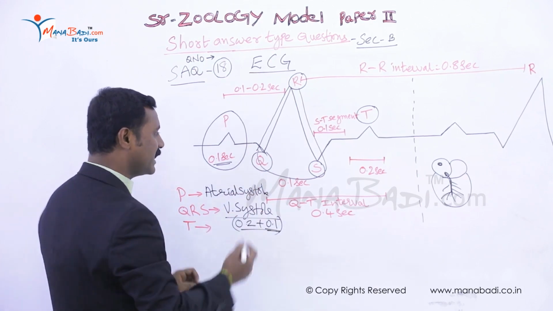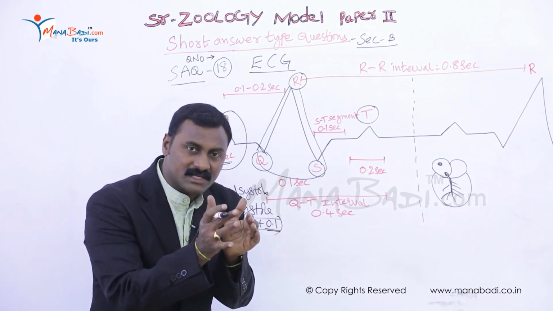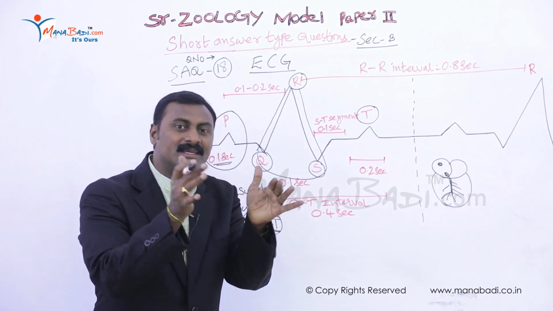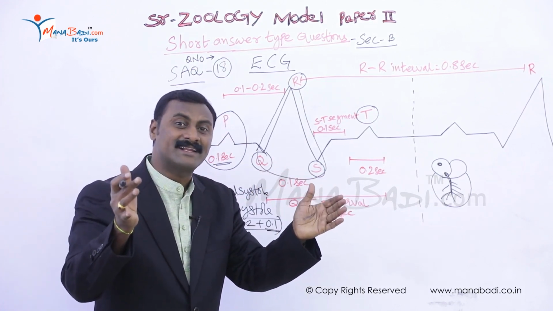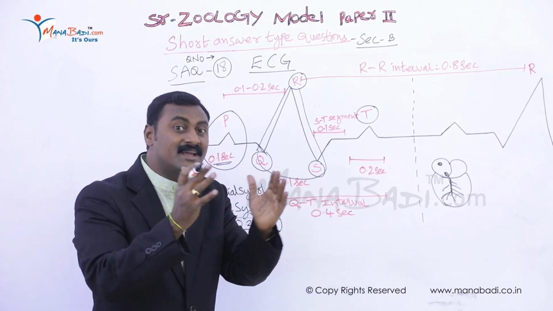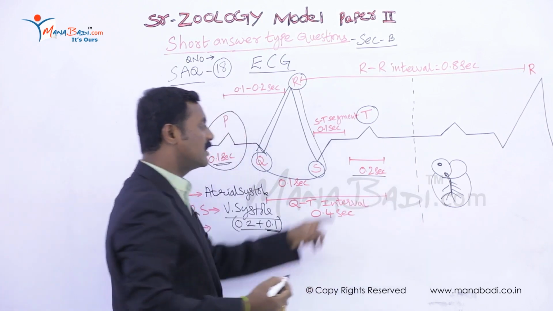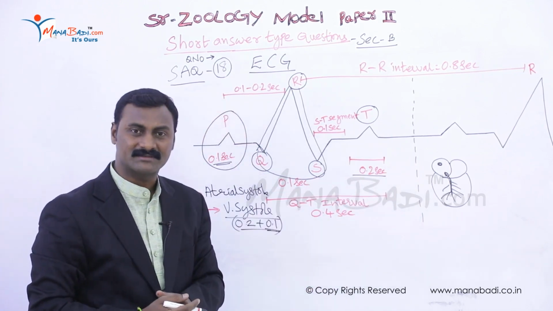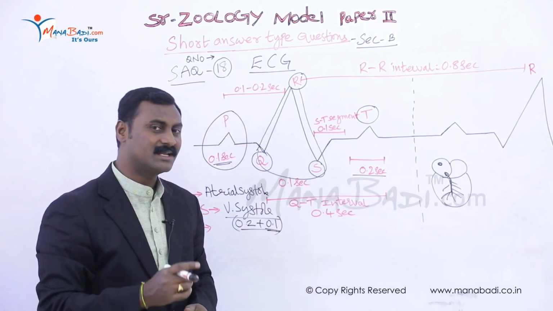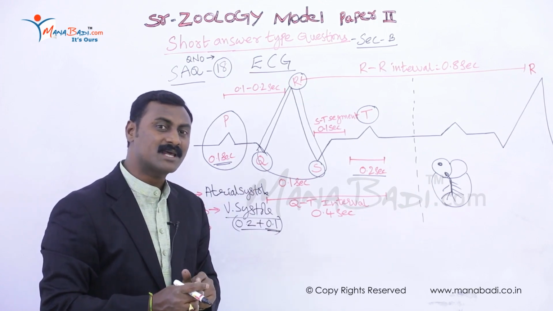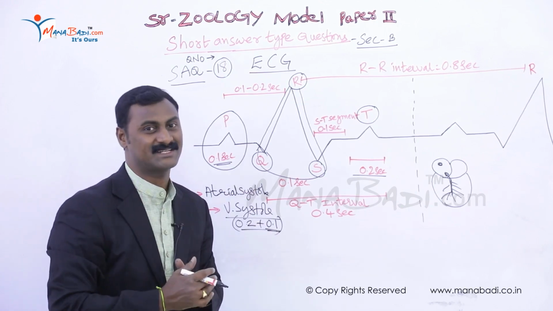Next, after this contraction, slowly it enters into final relaxation. This is called cardiac diastole. In the cardiac diastole, how much time did I write? Only 0.2 seconds I wrote. Actually, in examination, in the functioning of the heart, how much time will you note? 0.4 seconds you will note.